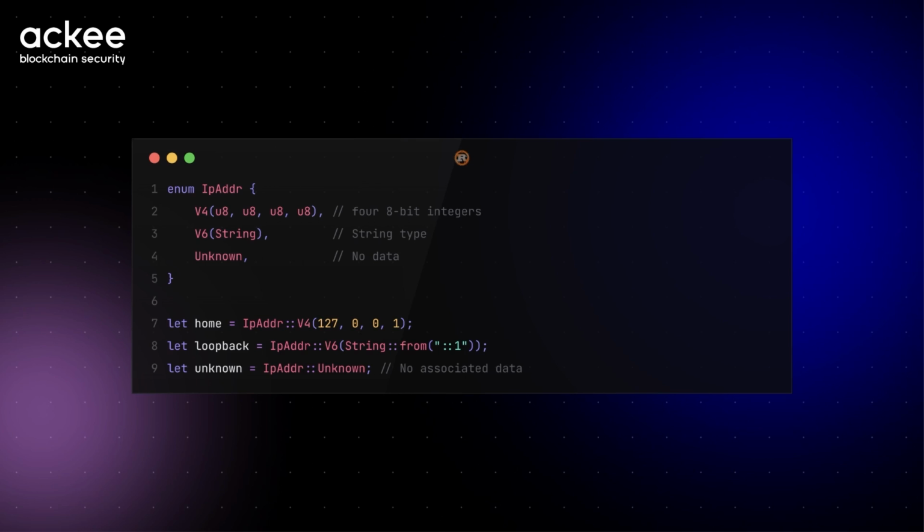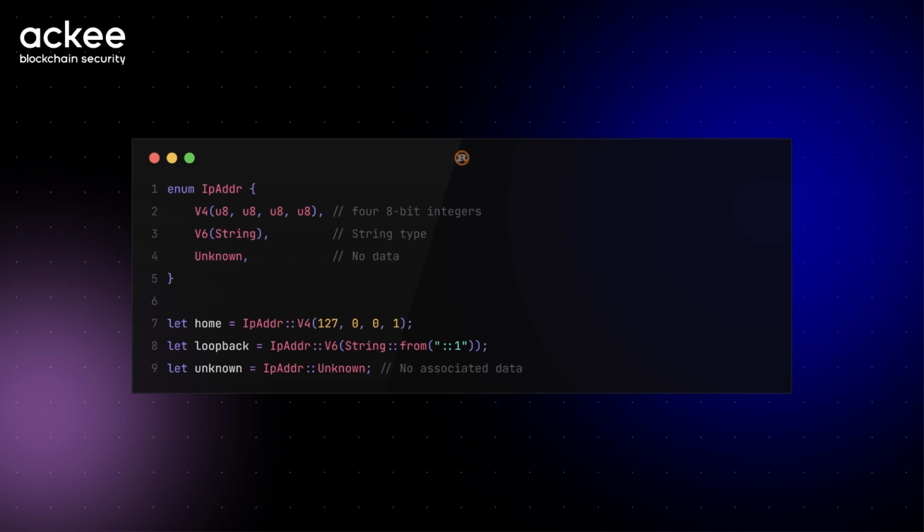From line 7, so 7, 8, and 9, on line 7, we create a variable called home, which is IP ADDR, variant is v4, and we specify the values that are going to be included within this variant.